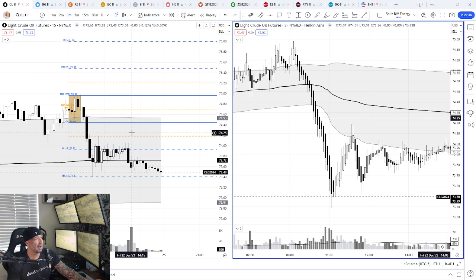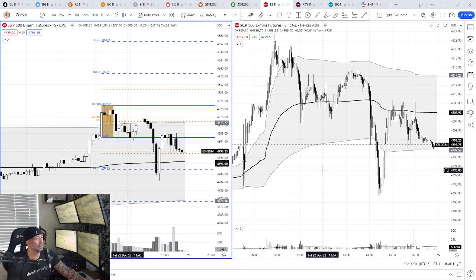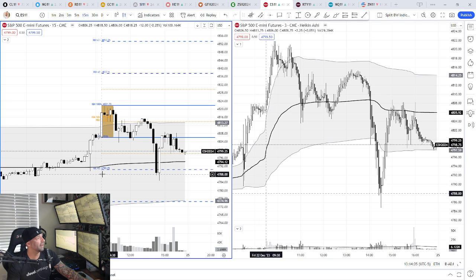It's the live session open, not the Globex session, so not the first hour when futures open at 6 p.m. Eastern Standard Time. Each of these markets has regular trading hours, RTH, that opens at a different time, right? Most people are familiar with the U.S. indices with their regular trading hours opening at 9:30 in the morning, Eastern Standard Time.